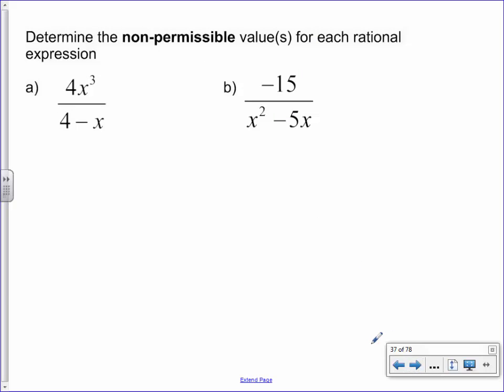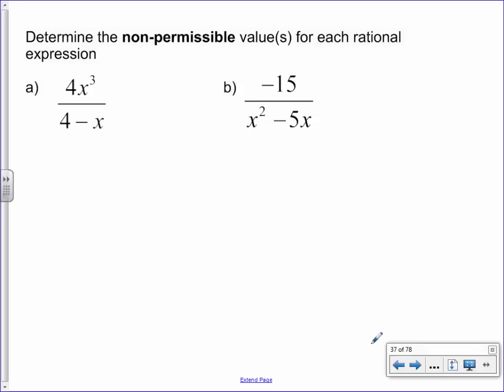Okay, a bit of a side note here. You guys remember when I talked about fractions a little while earlier today, I mentioned that there's one number that you cannot divide by? 0. They may ask a question where they ask you something called a non-permissible value. A non-permissible value basically is exactly like the words would describe: non, so something not permissible, not an allowed number.